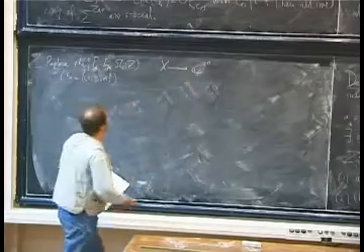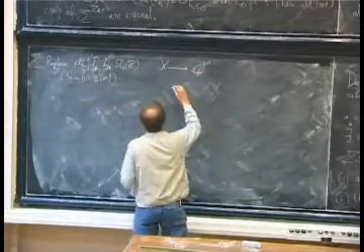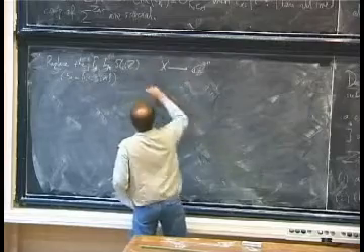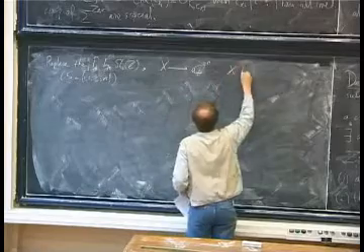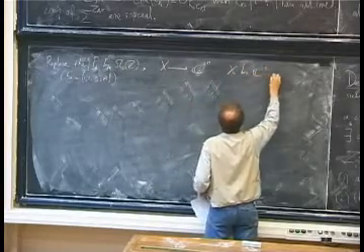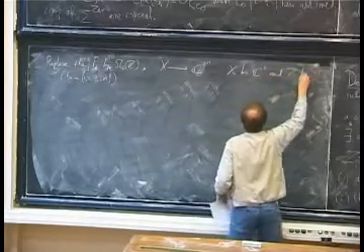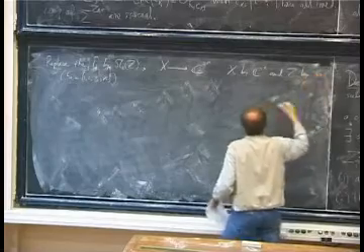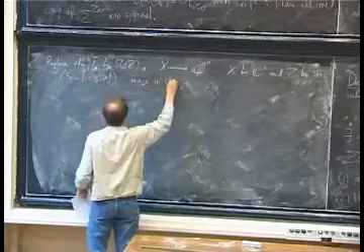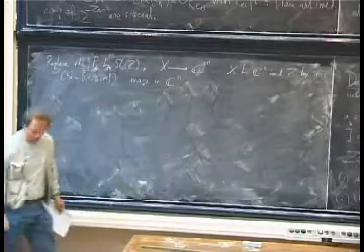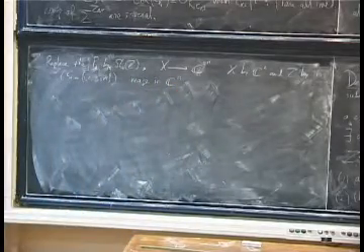So we replace X by C to the N and Z by its image in C to the N. Right? So now the variety is easier.